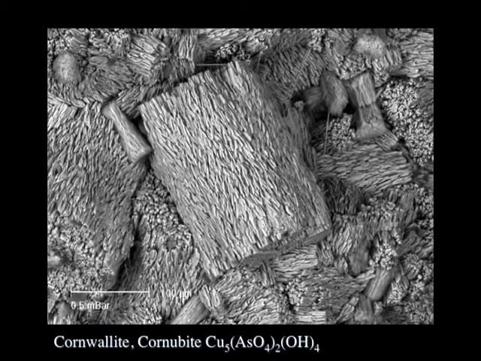And so there's a large cylindrical group of cornwallite crystals at the centre of the view, associated with fibrous bundles of cornubite crystals, for example to the top left of the cornwallite group, and also associated with minor fibres of agardite.